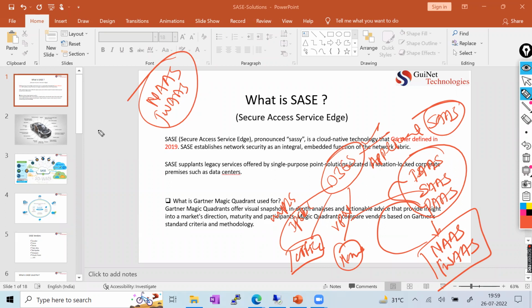They don't need to worry about which router model I am using, which vendor leased line I have taken, which switch I am using, or which routing protocol I am using. They just need the network infrastructure that can provide secure connectivity from point A to point B.